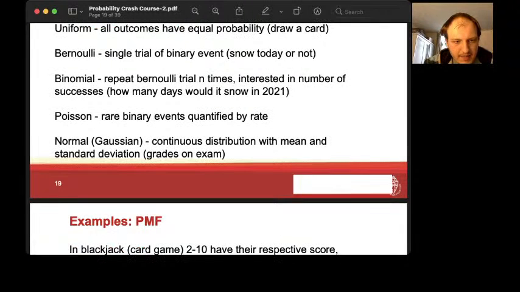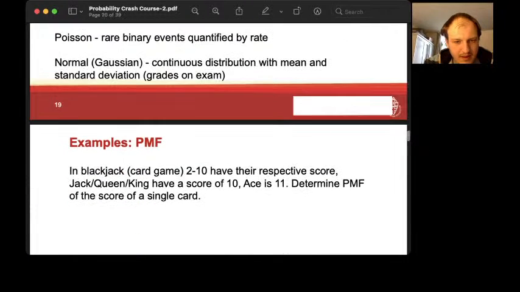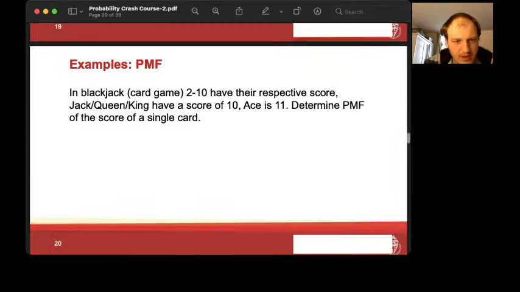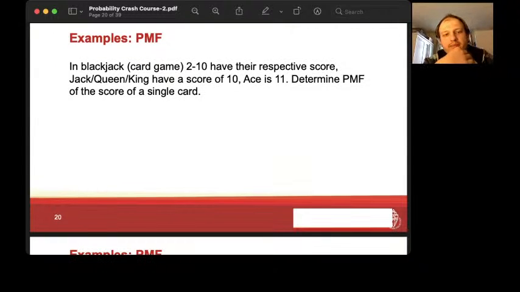Okay. In this lecture we also talk about the probability mass function. It is a function that maps from every possible state to its probability.